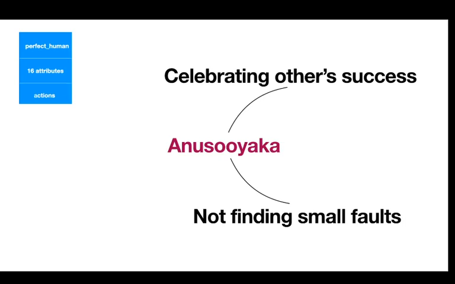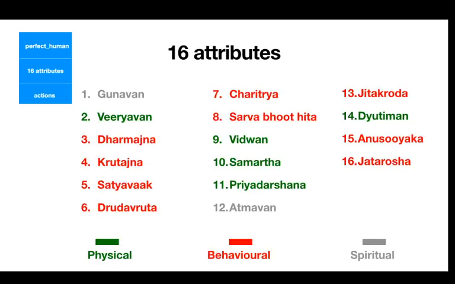So Anusuyaka is a person who is not jealous of others and who doesn't find small faults in the big achievements of people. So in a nutshell, we have seen 16 attributes in great detail. They can be classified in many ways. Here, I have done the classification according to physical attributes, behavioral attributes, and spiritual attributes.